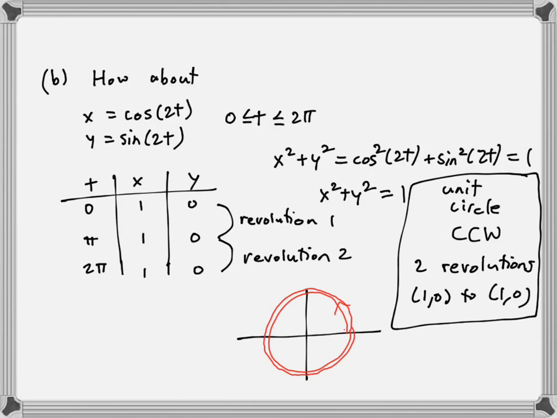Interestingly enough though, if we had given the same curve, but we had gone from 0 to pi, we would get the exact same answer. And so the important thing to notice here is that parametrizations are not unique.